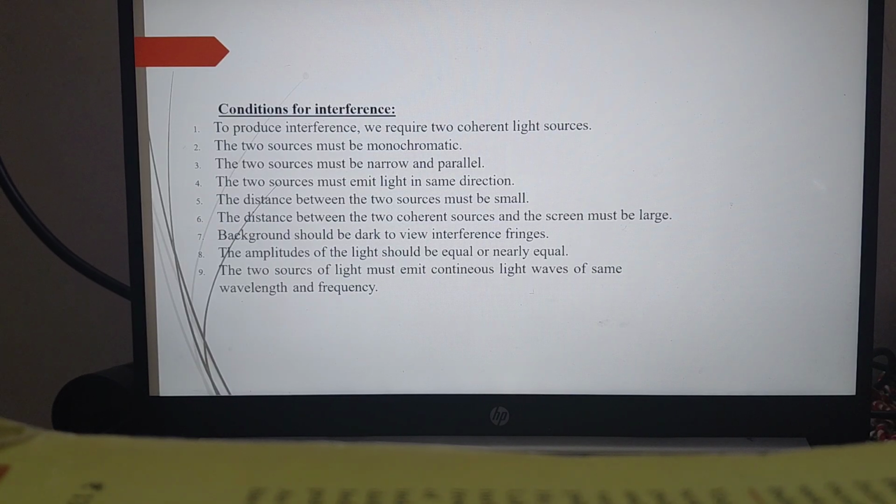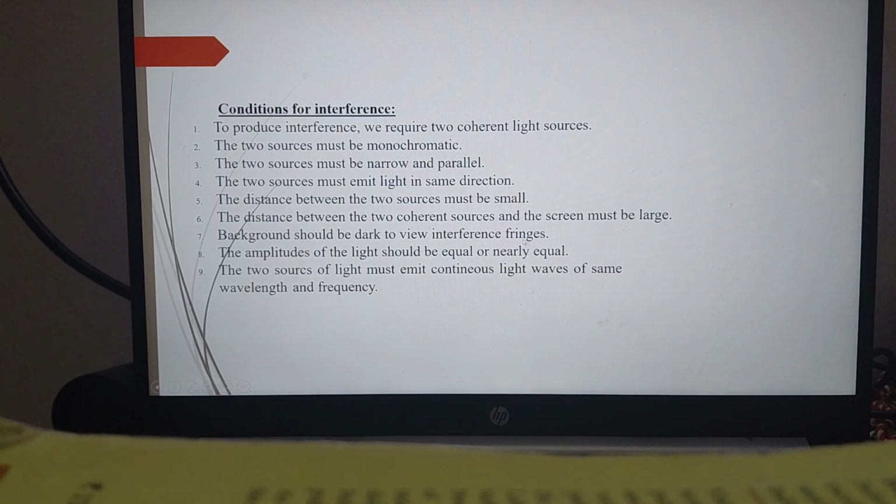Then the background should be dark to view interference fringes. Generally, we do the experiment in dark rooms. Why? Because the biggest light source is the sun. If you do the experiment in sunlight, we can't see the dark and bright fringes. That's why light-related optics experiments are generally done in dark rooms.